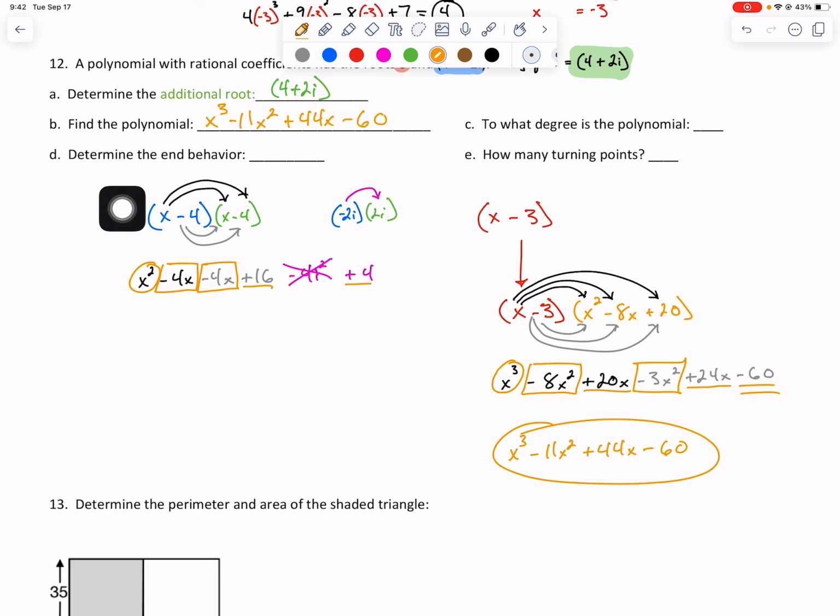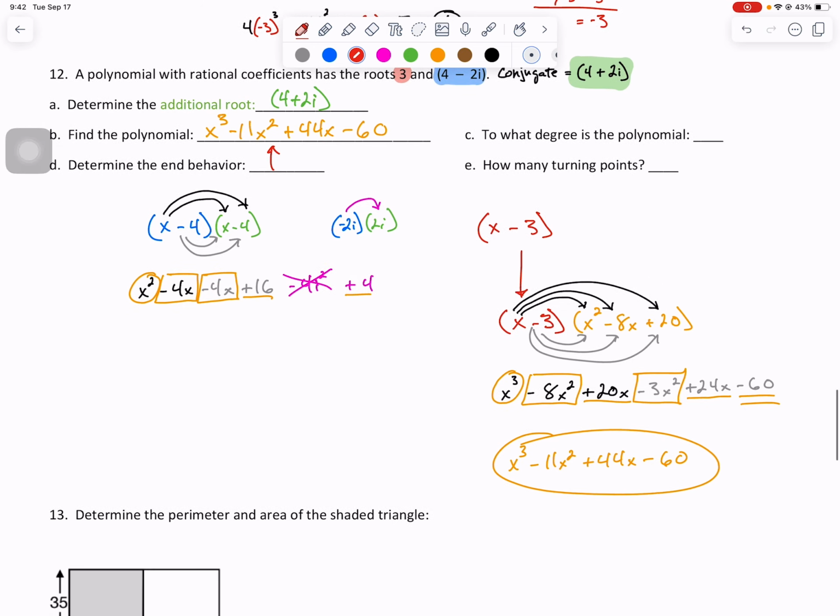All right. Determine the end behavior. Well, remember, a positive leading coefficient is going to go upwards. So I'm just going to point it up. All right. And to what degree is the polynomial? And just like number 1, well, what is the greatest exponent?